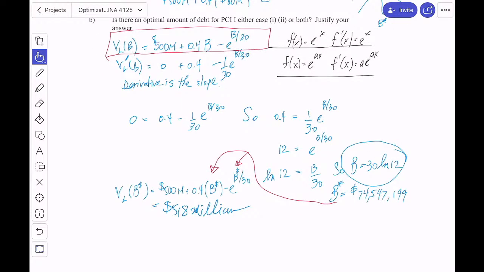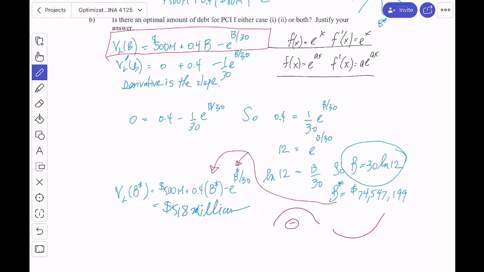Okay, now how do we know that this is a maximum? How do we know that it goes like this and not like this? Remember, this has to be a frowning face.